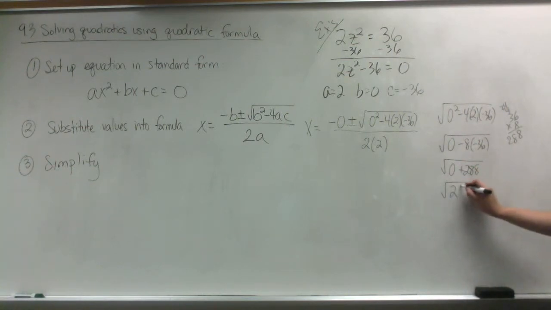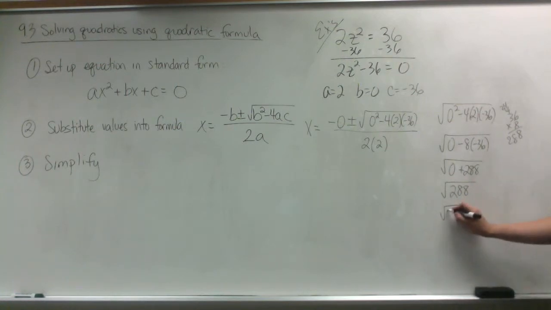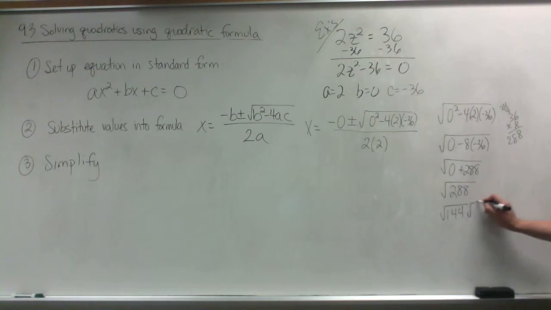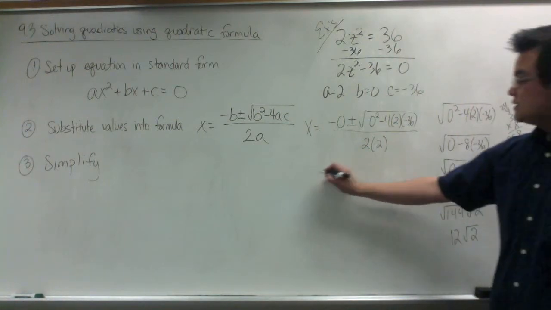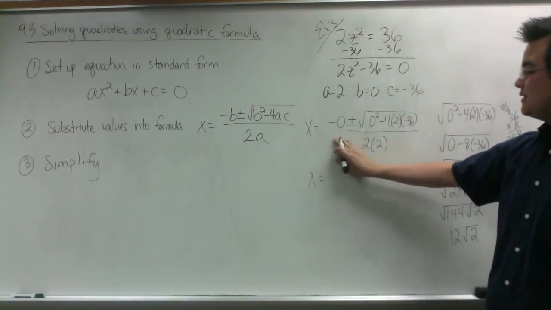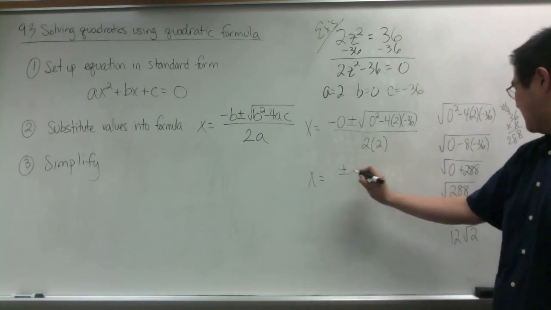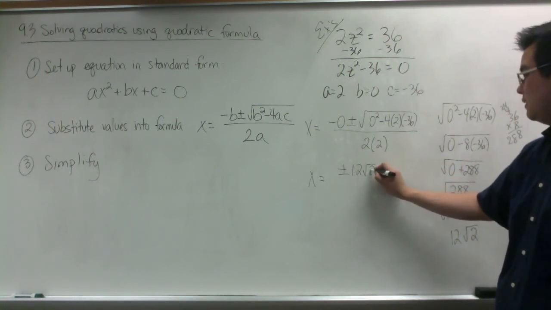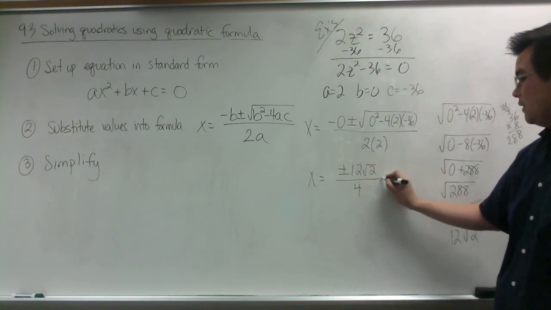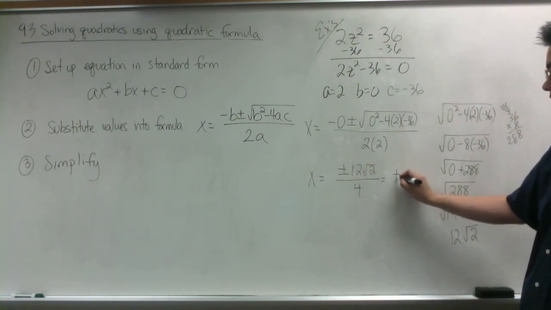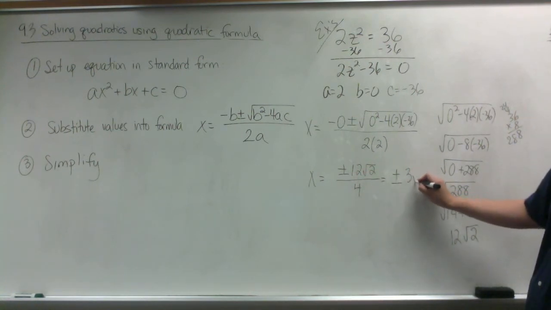So this is the square root of 288. You can break this up into 144 and 2. So this is 12 root 2. So x is equal to, the negative 0 does not mean anything, so we can just go right ahead and write plus or minus 12 root 2 over 4. 4 can go into 12, so my final answer is plus or minus 3 root 2.